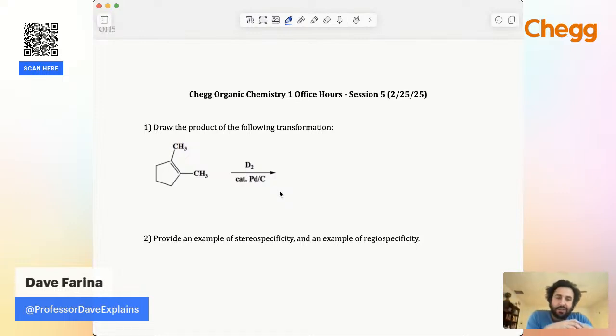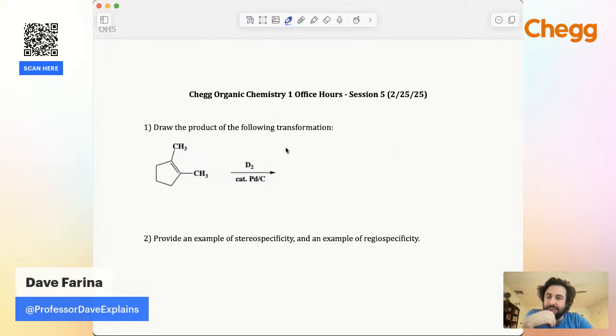And addition reactions operate on alkene or alkyne substrates. So we'll look at a lot of stuff with alkenes. Remember, pi bonds have to be involved on the substrate in an addition reaction. So we're going to go through a bunch of addition reactions today, and we'll see where we get.